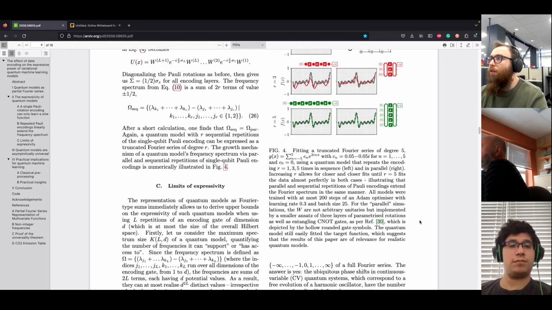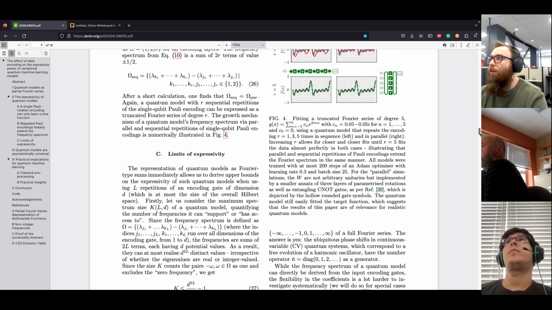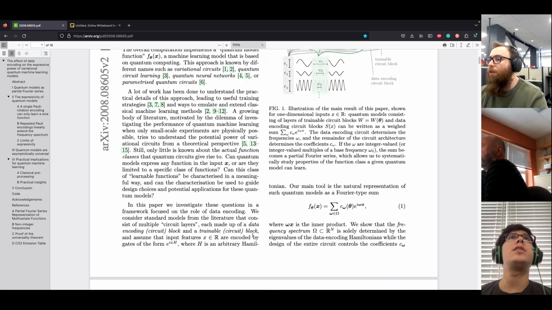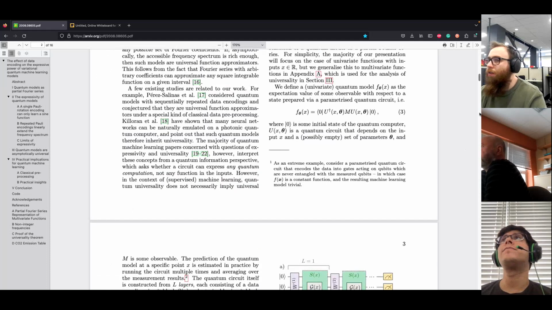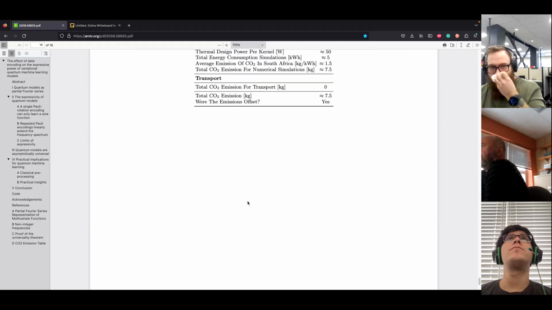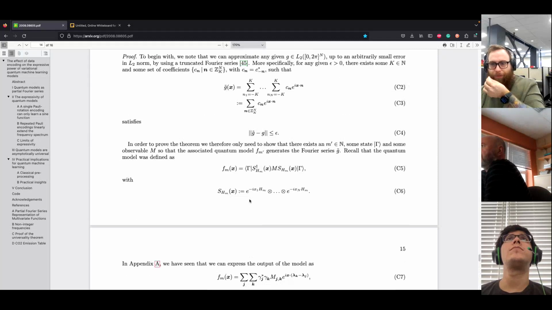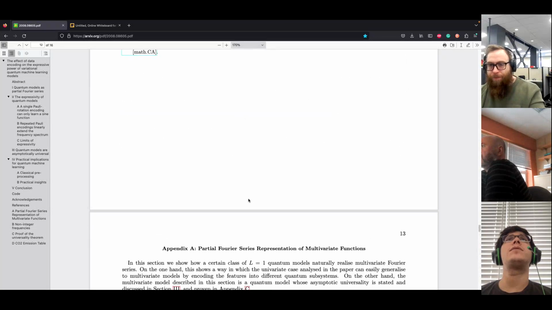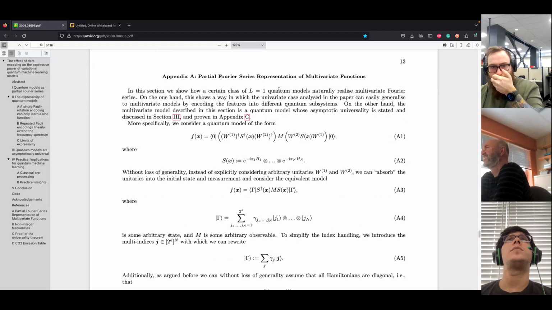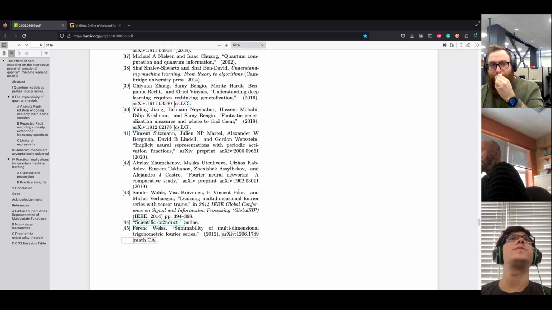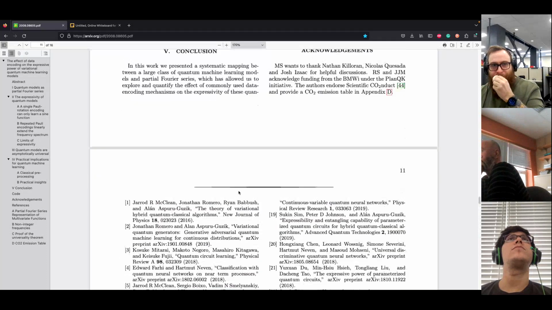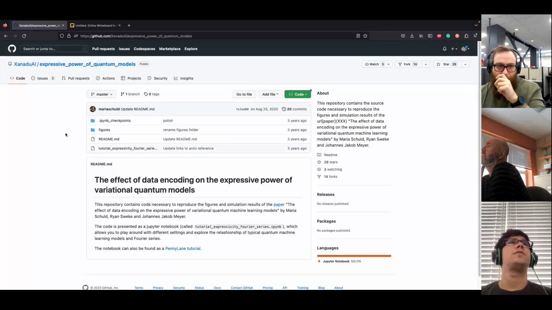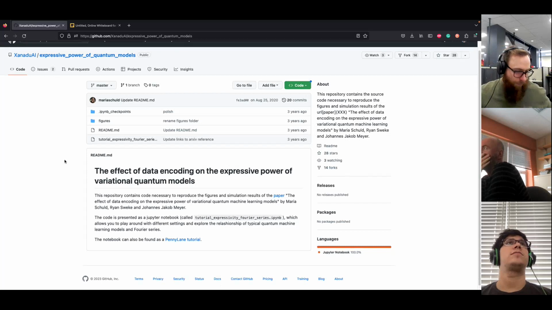Do we have some code available on PennyLane? They usually put it at the top or at the end. Okay, the end is filled with math. Oh, what is this? Partial Fourier series. Oh yes, here, GitHub. Okay, that's good, that could be interesting to check.